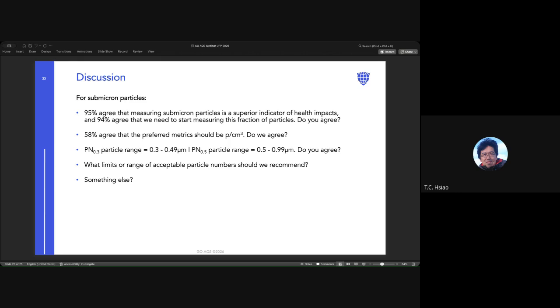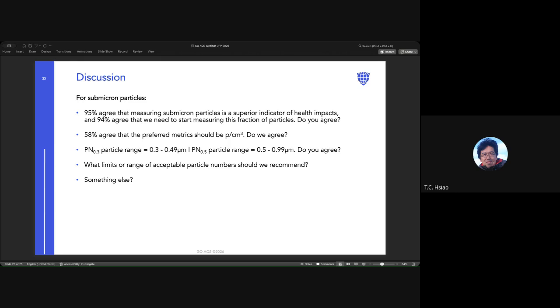That is confusing for me. And the same reason for PM 0.5, I would assume the particle number less than 0.5 micrometer, not between 0.5 and 0.99 micrometer. So I do not agree with that one, because it is quite confusing and does not follow the same logic we normally use for PM 2.5 or PM 1.0, those things.